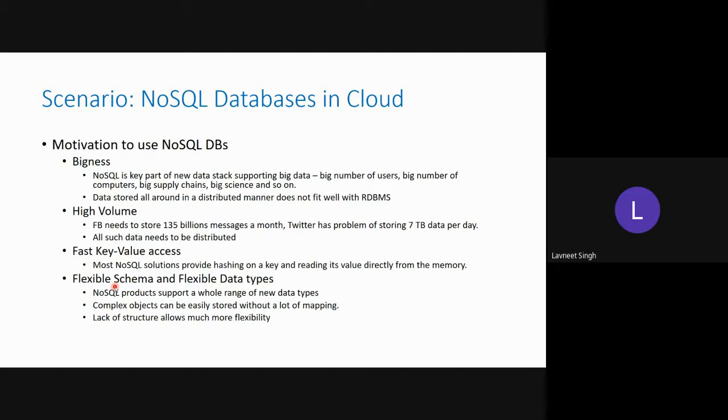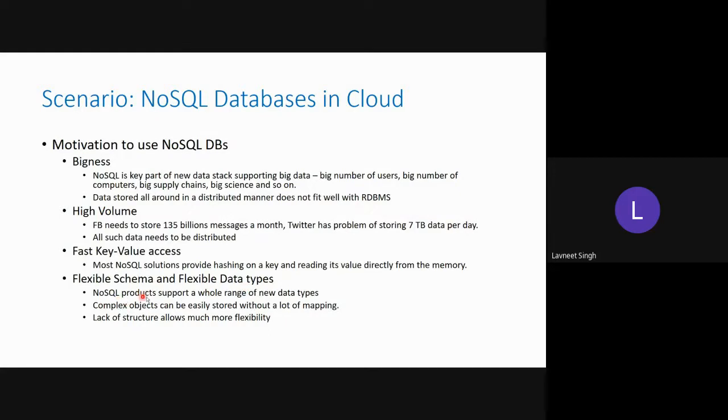So it means if there is flexibility in the schema and flexibility in the data types, that will be more useful in this scenario where one object is having some data, one object is having other data. Okay. So if flexible schema and flexible data types are there, then NoSQL could be a better solution than RDBMS.